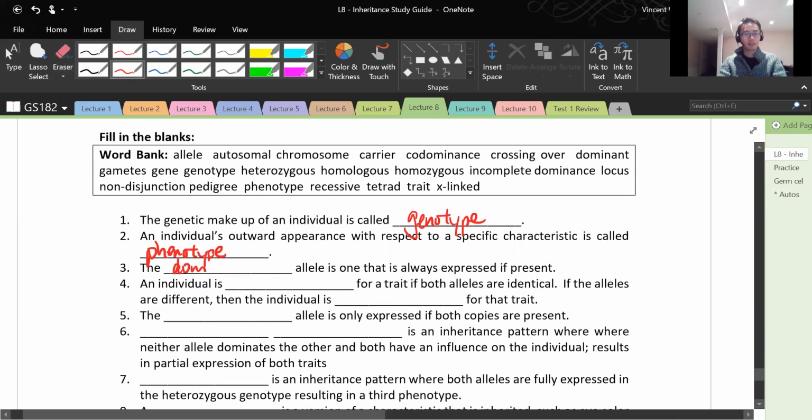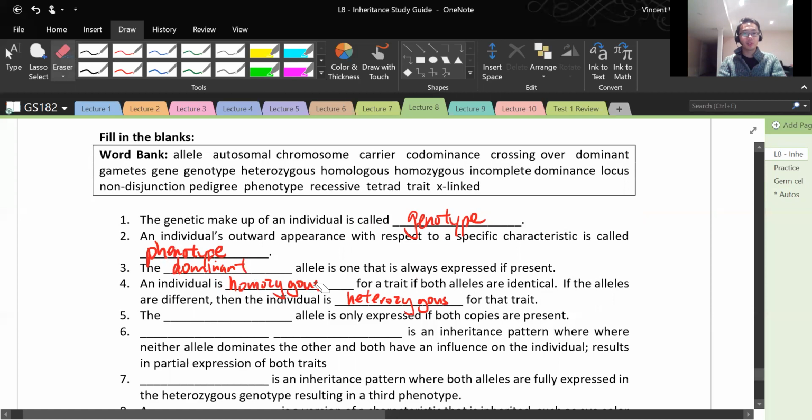The dominant allele is one that is always expressed if present. An individual is homozygous for a trait if both alleles are identical. If they're different, then it's called heterozygous.